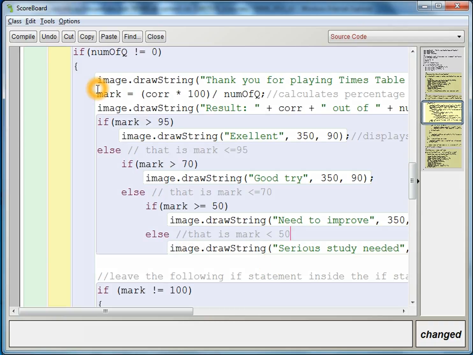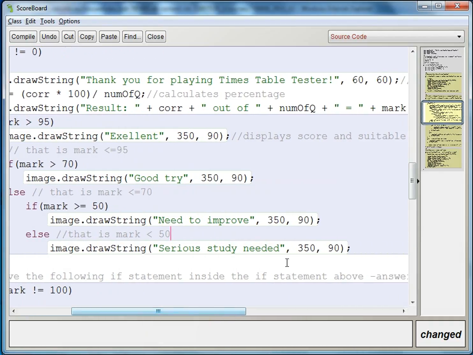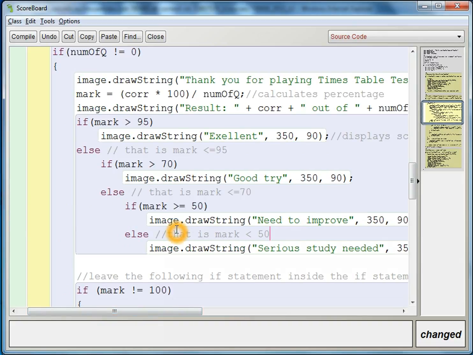Now, after these statements are carried out, where does this if statement end? This if statement ends after serious study. Even though not all of them get executed, the if statement ends there. Let's say somebody got 98, display excellent.